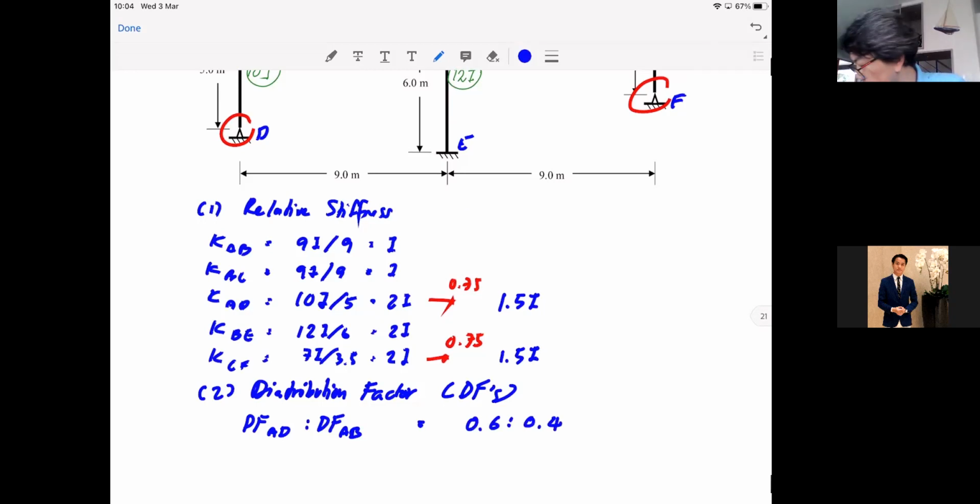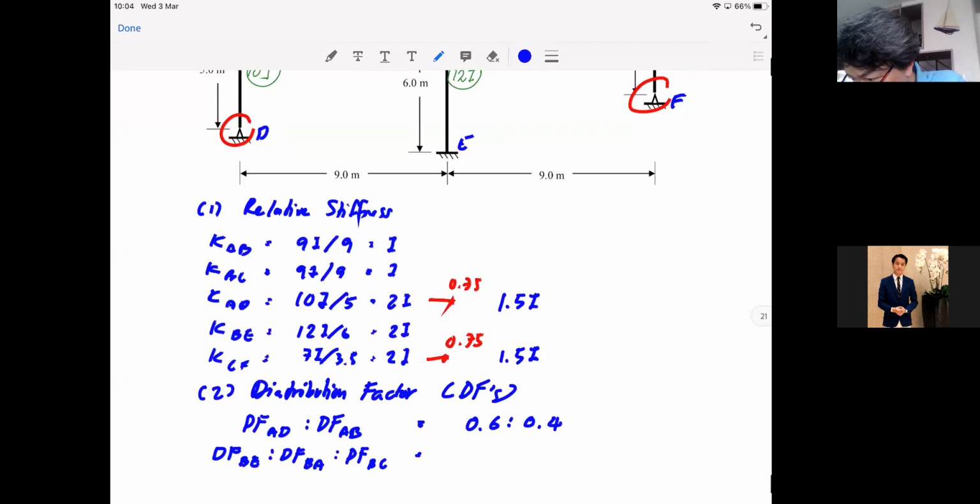That's simple. Okay. And for joint B, we now have distribution factor of member BE, of member BA and of member BC.